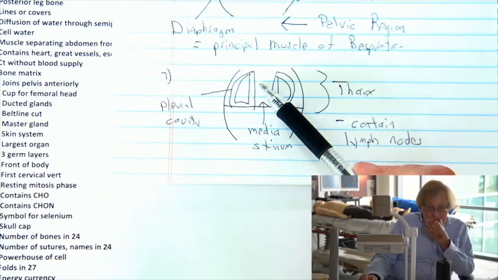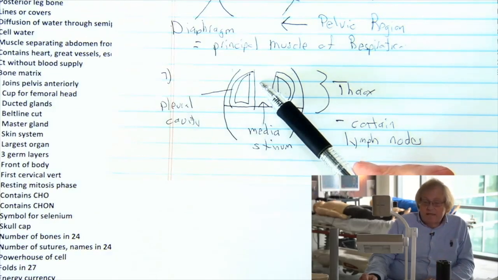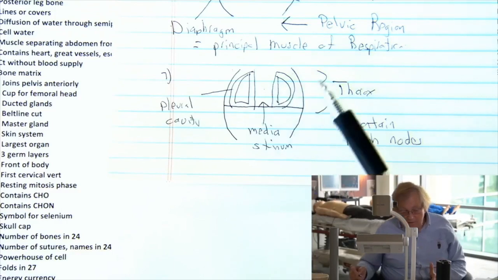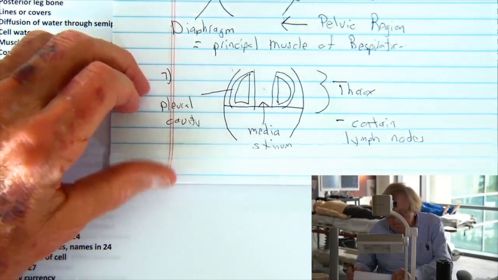Now the question is, why am I seeing it shifted over to the right? The answer might be that I've got enlarged lymph nodes or a tumor inside of the mediastinum, possibly from smoking, that's shifting my heart over to the right side instead of the left side. So again, it always answers the question, why do I need to know something?